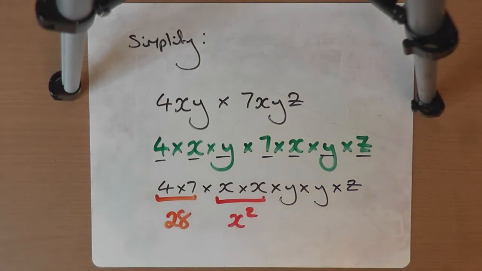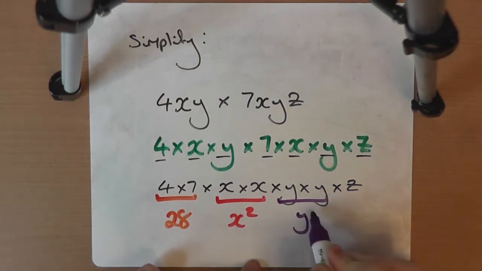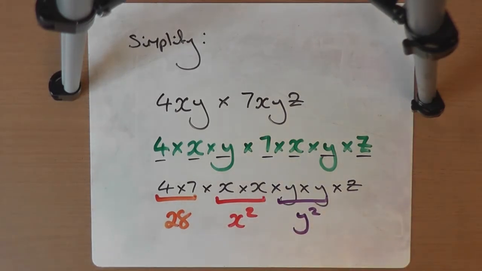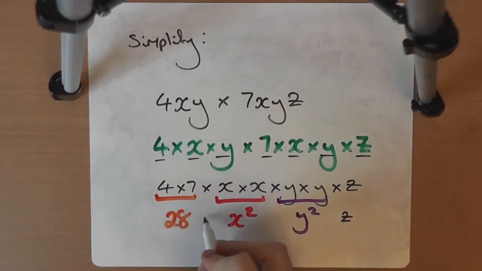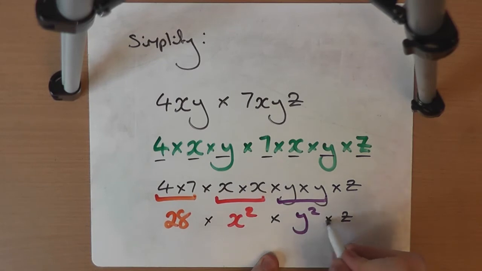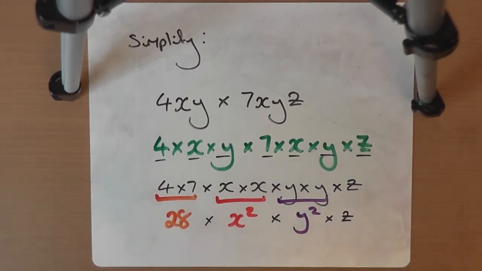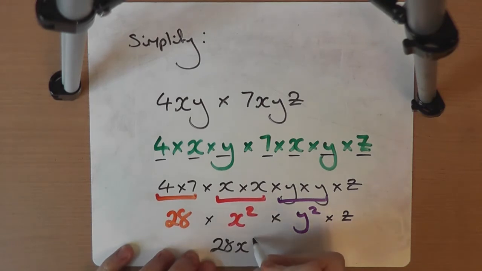We can combine the y times y into y squared. And then we've just got the z on its own at the end. So we've got 28 times x squared times y squared times z, and those times signs we can drop out again, and we can just write this as 28 x squared y squared z.